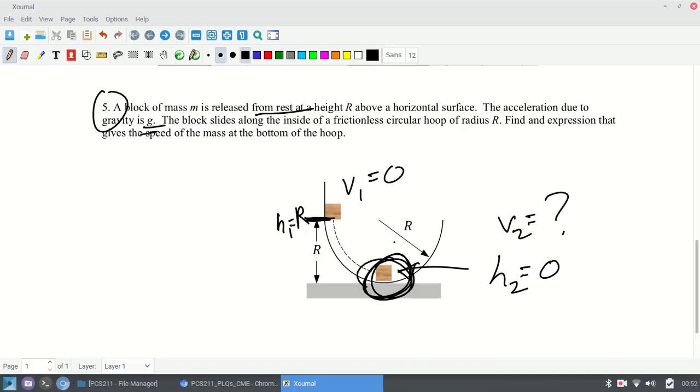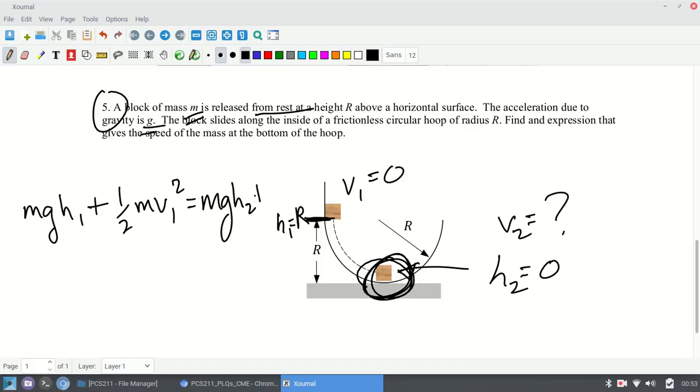So I can use my conservation of mechanical energy once again. It tells me the mass M, tells me g. There are no numbers. Notice that. What it wants is an expression for the speed in terms of the rest of the variables. So don't be scared if there are no numbers. You're not supposed to calculate. You don't need a calculator for this particular question. So it is mgh1 plus half mv1 squared equals mgh2 plus half mv2 squared.